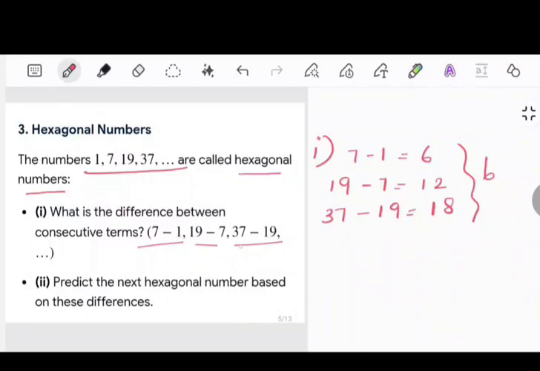The last number is 37. So 37 plus 24 is 61. So the next hexagonal number is 61. Clear?